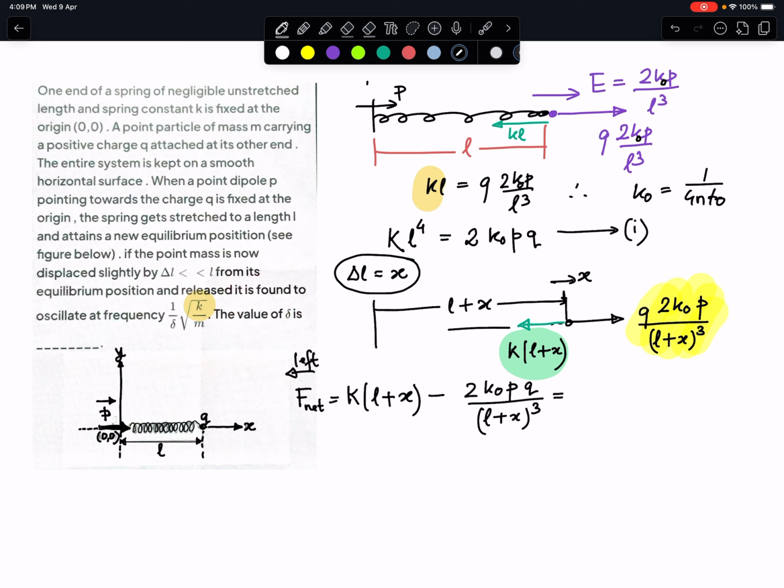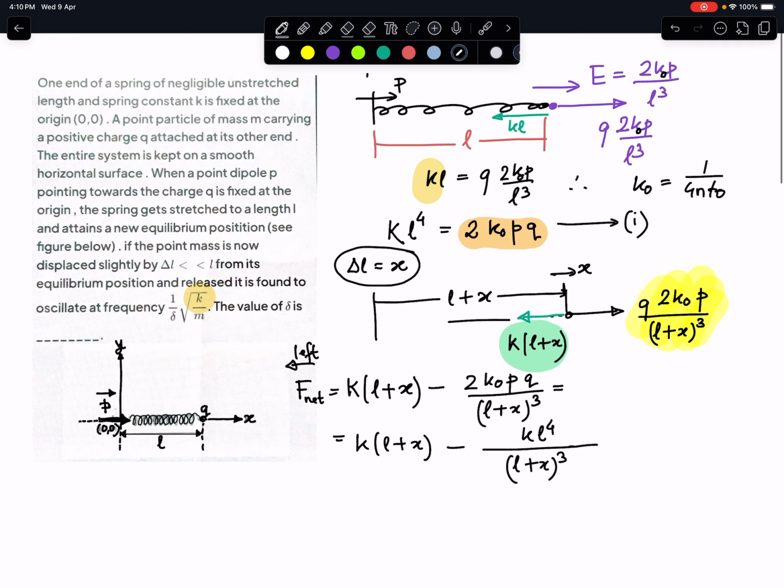Now we can substitute from the above equation, 2 K naught PQ equal to K L to the power 4. So I will write K L plus X minus, on the numerator, K L to the power 4, over L plus X cube.